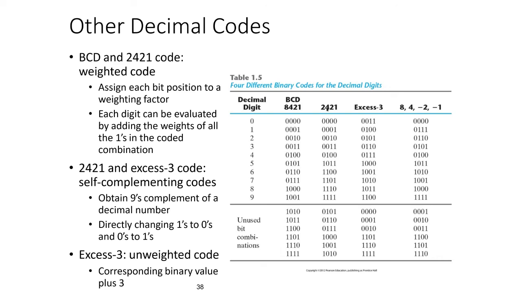What you notice with the 2421 code is when you go from the 4 to the 5, it has a weighting of 2 here, so it's the same thing. So you're basically pushing out to be the next one. So when you're adding the next one, you're actually adding the weighting for this one. So there's a 2, here's a 2, and here's a 1. Okay.